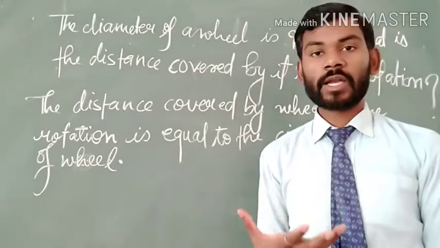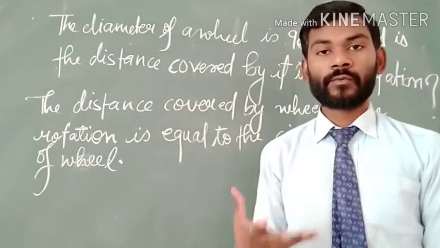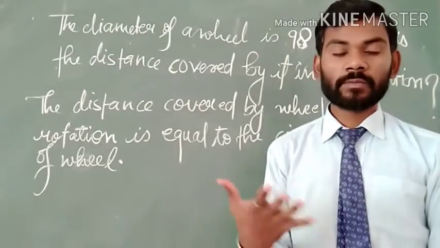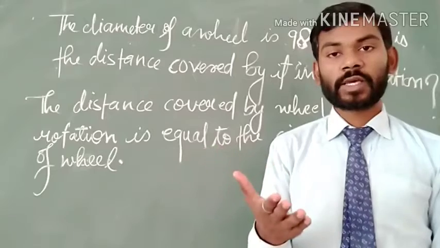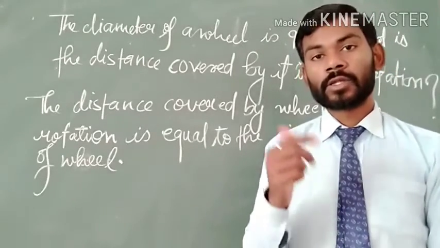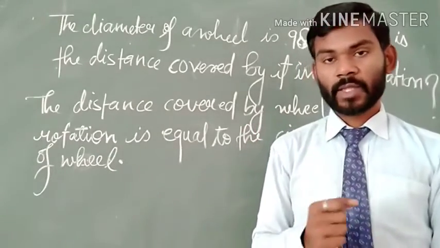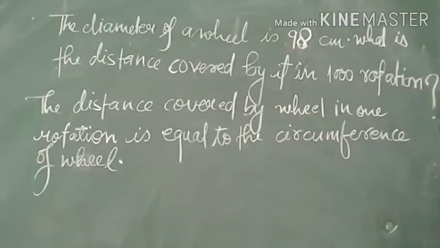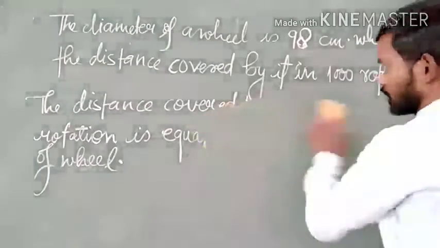After getting the circumference, when we multiply it by 1000, we get the total distance covered by the wheel in 1000 rotations. You can write this concept, this is very important. Now let us see our solution.